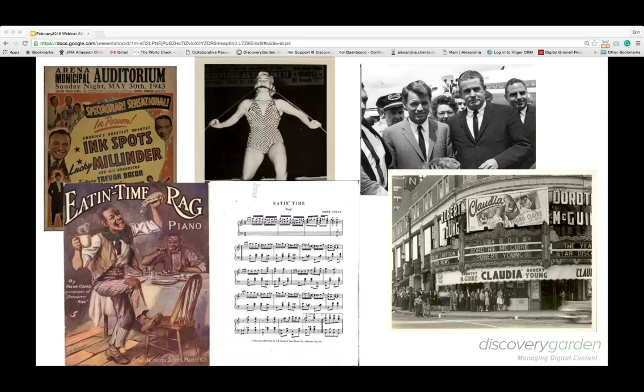And, you know, political, there's Robert F. Kennedy in the upper right-hand corner, his campaign visit to Kansas City, and a number of images of local Kansas City. This in the bottom right-hand corner is from the Joseph Redmond collection. And there are many other collections of images of local spots in Kansas City. And this is the Uptown Theater, which is still here today.